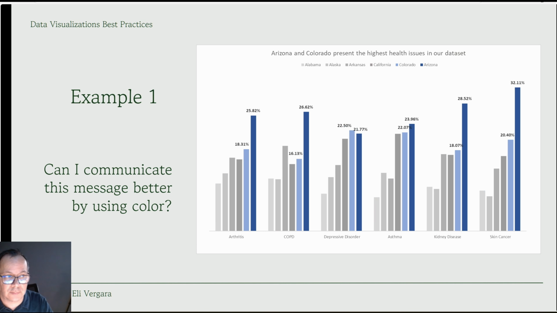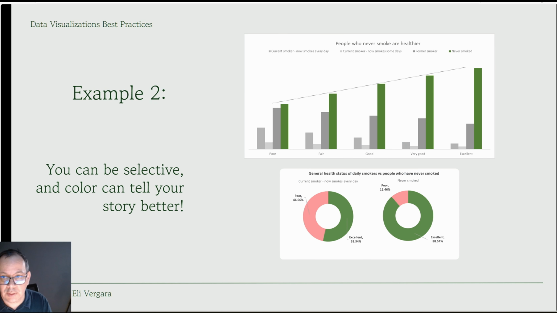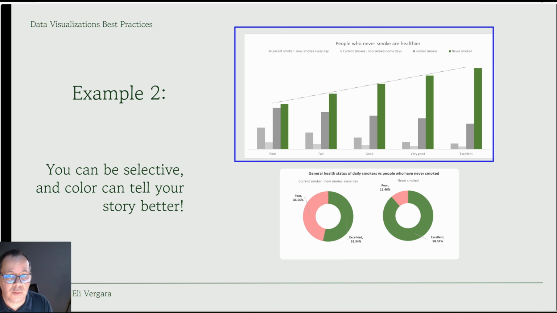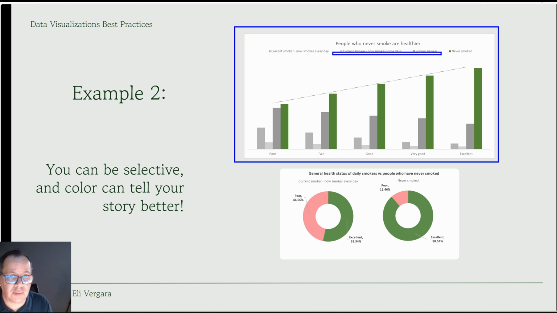Now, let's look at another example. It also comes from the same data set. Now, when we look at this example, we can see that people who never smoke are healthier. We pull this data and we have data that is somewhat irrelevant, right?